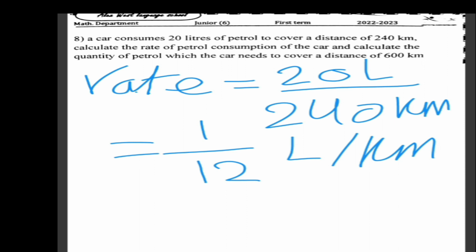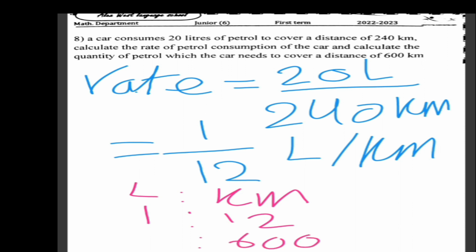So we will use this ratio to get the other required value, as here we have a ratio between the number of liters and the number of kilometers. So 1 to 12, as here he needs the number of liters of petrol to cover a distance of 600 kilometers. So under kilometer we will write 600 and under liter we will write x.